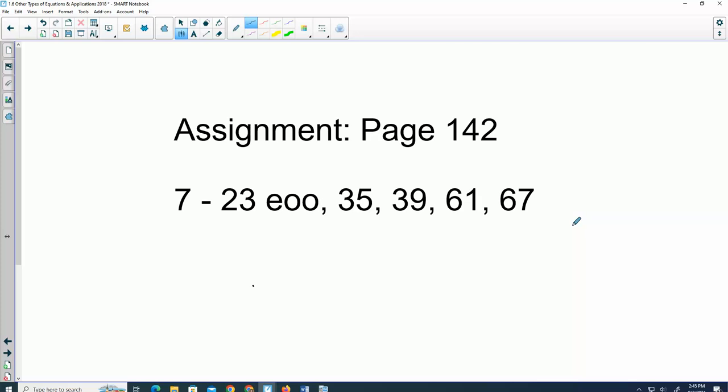So the first ones, really the 7 through 23, EOO. Does anyone know what I mean by that? Every other odd. I do this a lot. So that means you do 7, you skip number 9, you do 11, skip 13, 15, 19, 23.